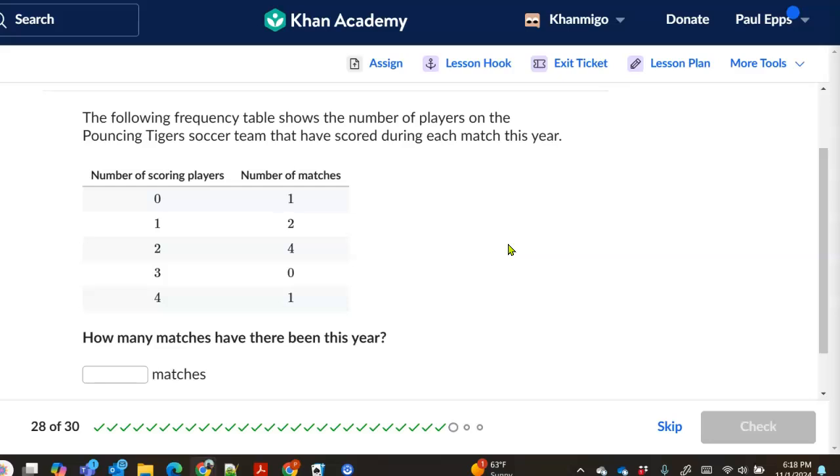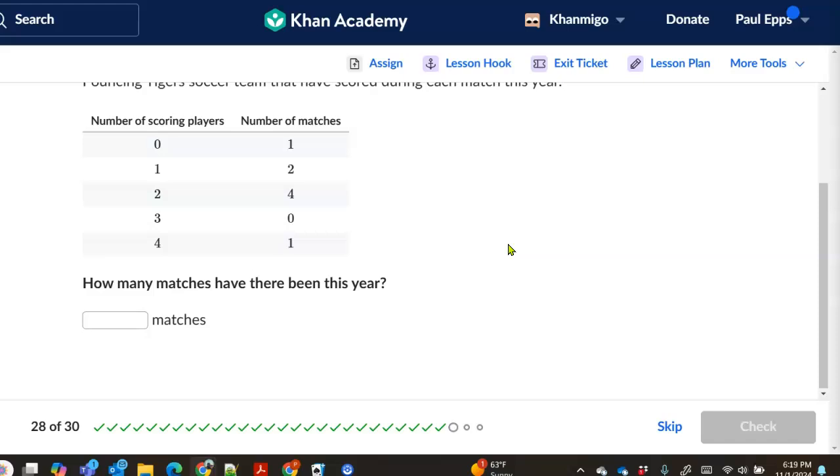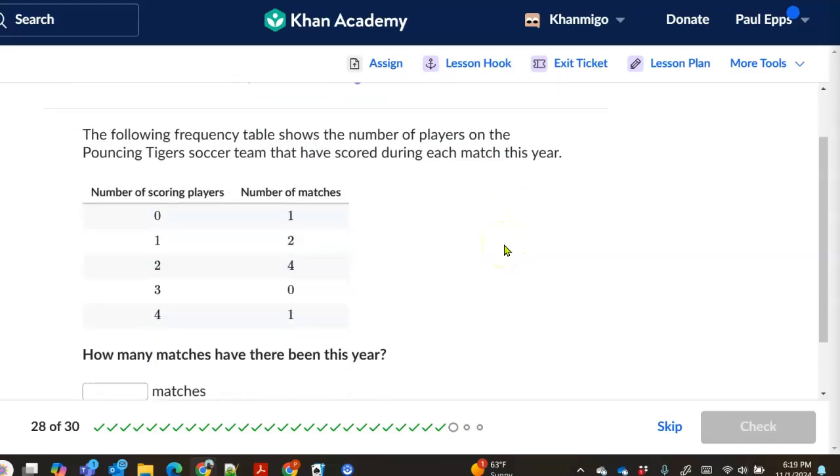Okay, the following frequency table shows the number of players on the Pouncing Tigers soccer team that have scored during each match this year. How many matches have there been this year? To be honest with you, I don't understand the chart. Let me look at this for a second.